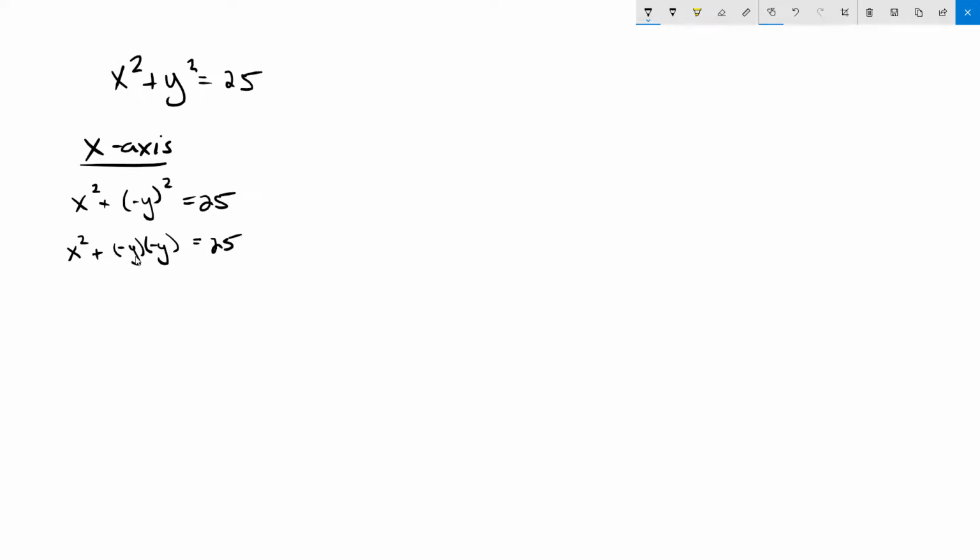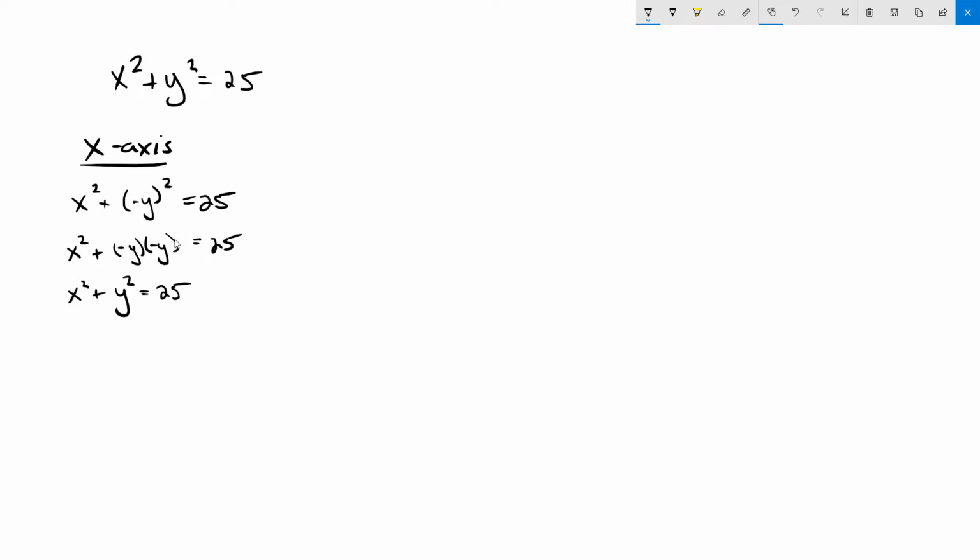right? And so here you're going to see that because these are both negative, it's actually going to turn this into a positive value. And you'll also get your y squared back, right? So if we have negative y times negative y, that should give you a positive y squared. And 25 doesn't do anything either, so we just leave it like that.